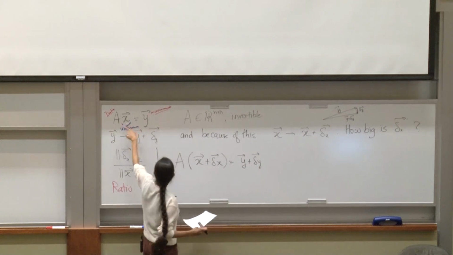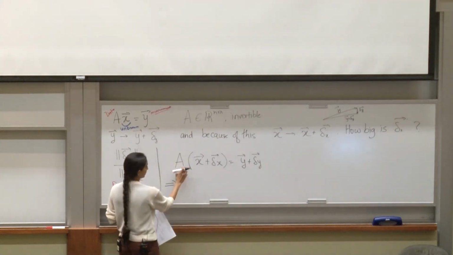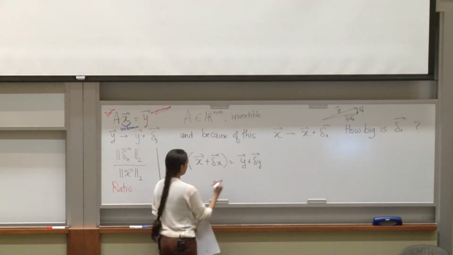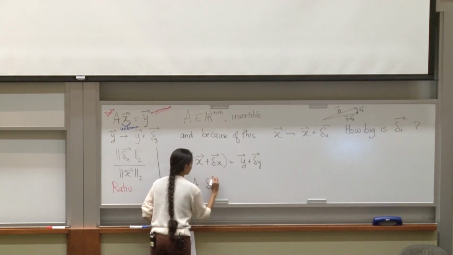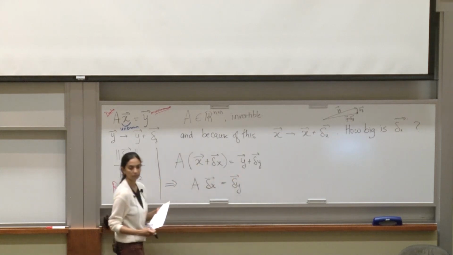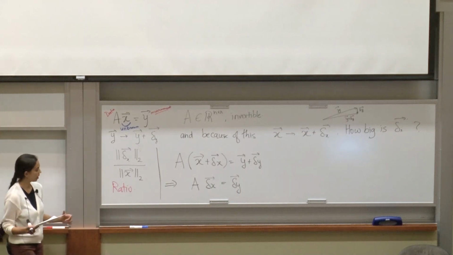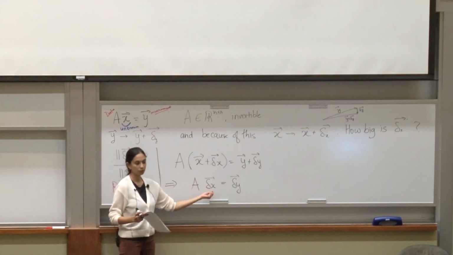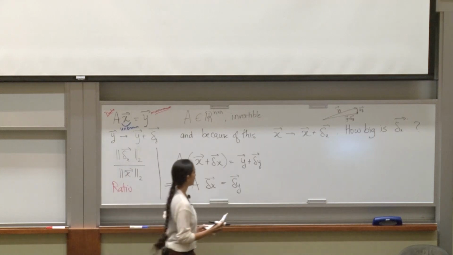Since I'm defining x this way, I know Ax equal to y. So I can write, therefore, that A times delta x is equal to delta y. And I want to use this now to learn something about the norm of delta x.